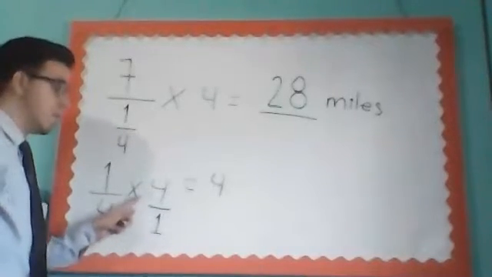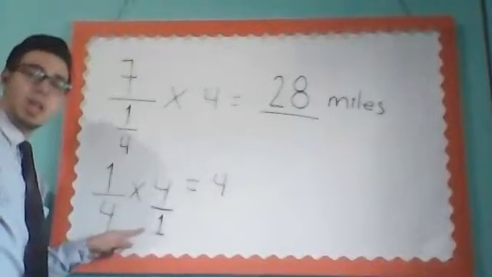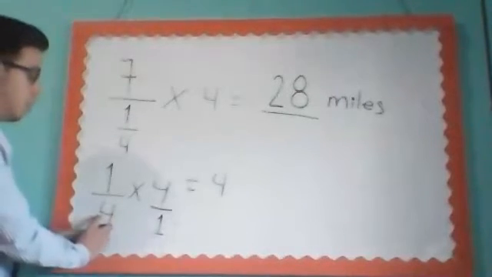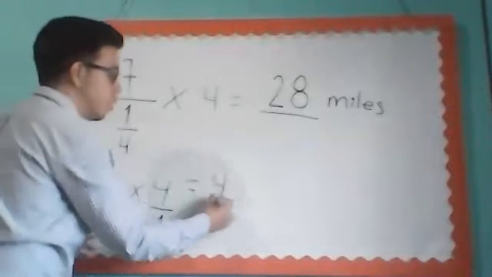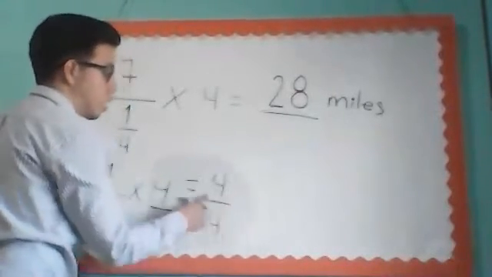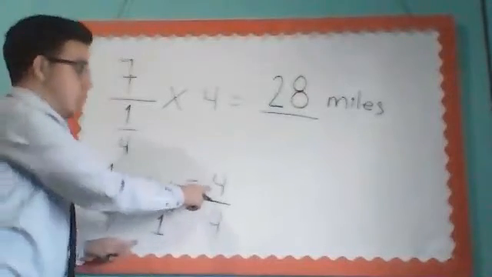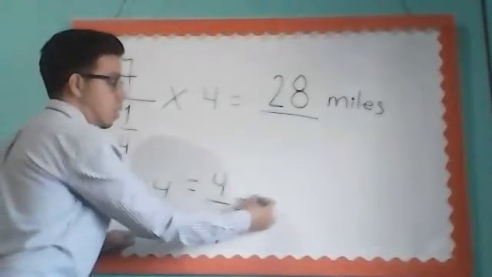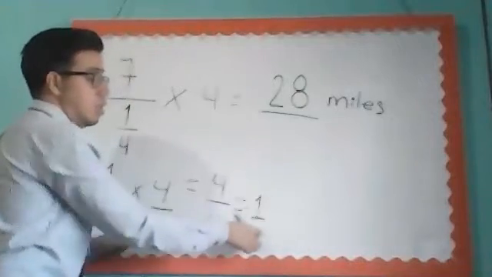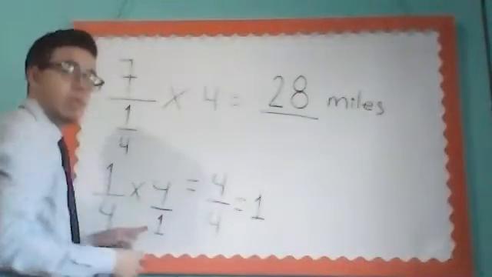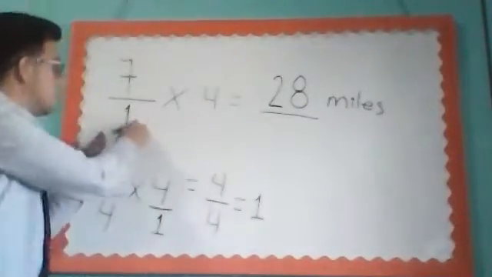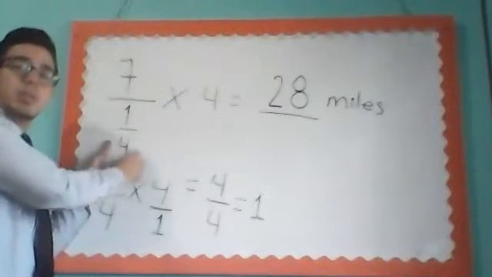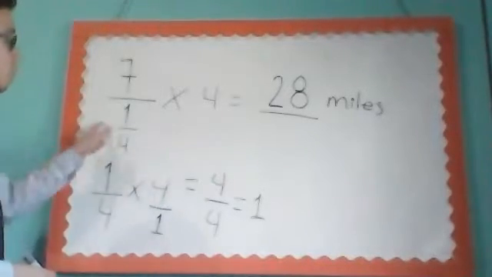Remember, every number divided by 1 is going to be the same. So if I multiply 4 times 1, I'm going to obtain 4 again. And if you divide 4 by 4, you obtain 1. So this is for 1 hour. So you can prove that 4 times this is 1 hour. So this is 1/4 of the hour.